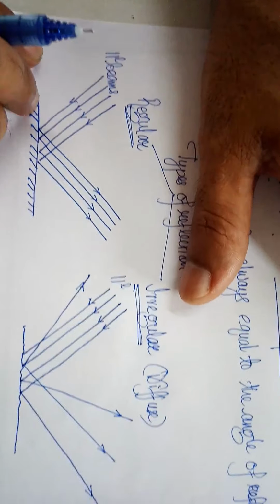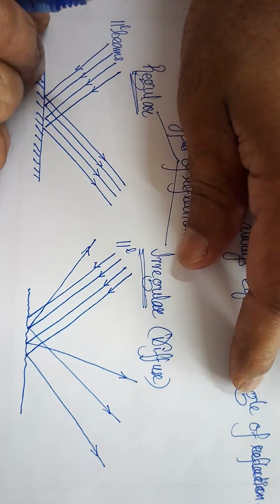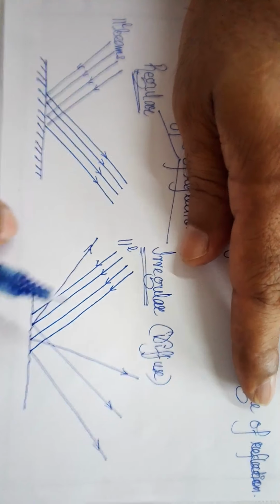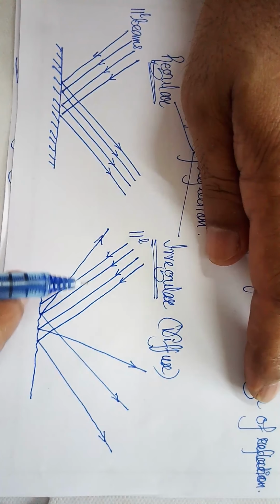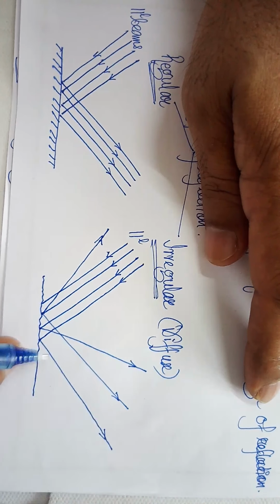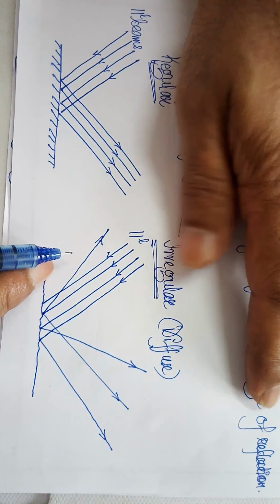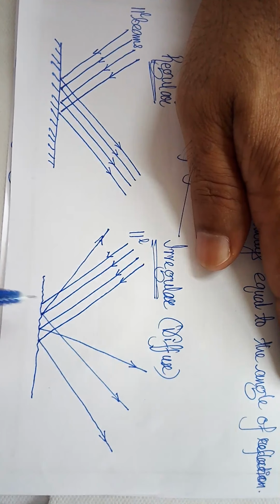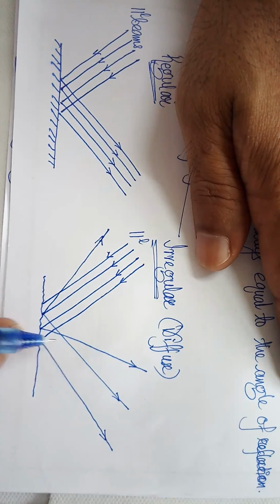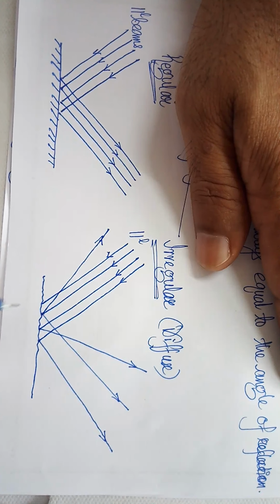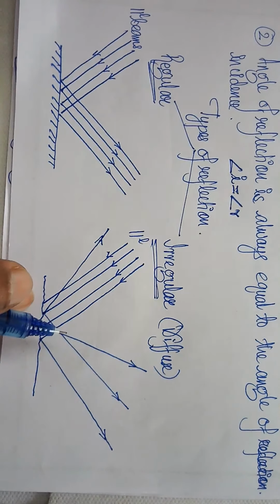And in an irregular or diffused one, the parallel beam of incident light is reflected in different directions. In this case, parallel incident rays do not remain parallel after reflection. They are scattered in different directions.